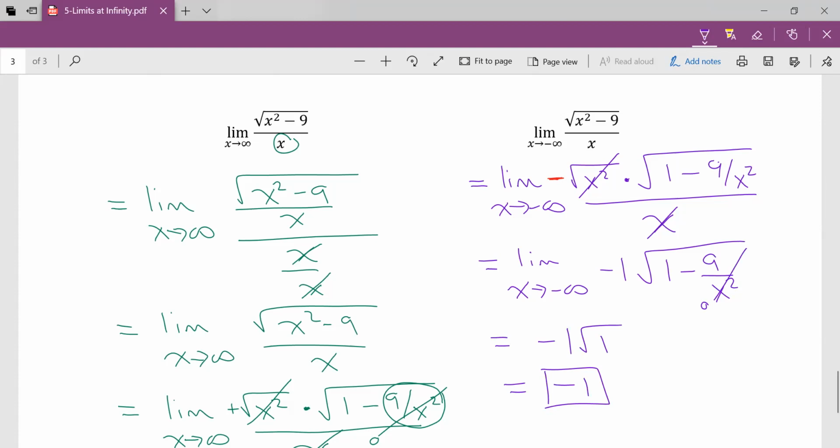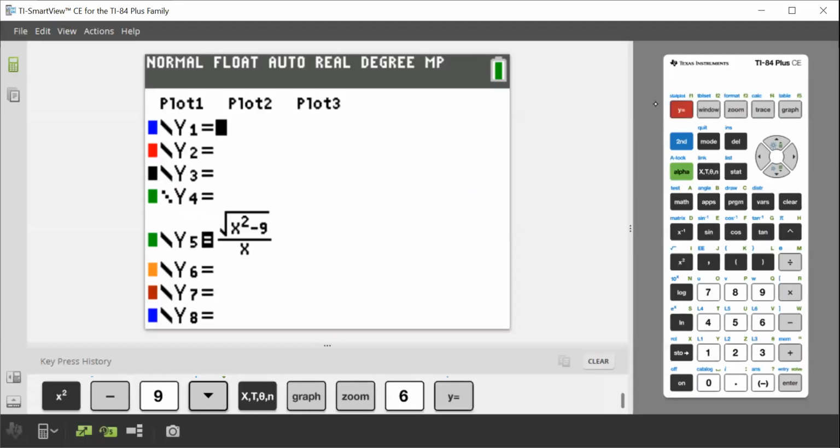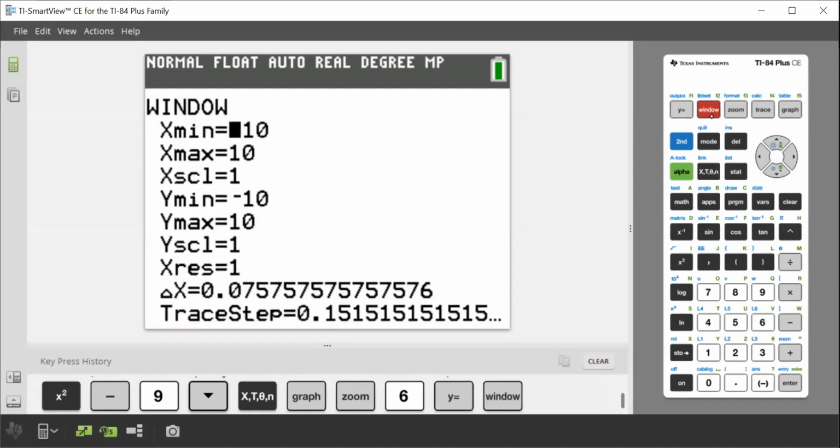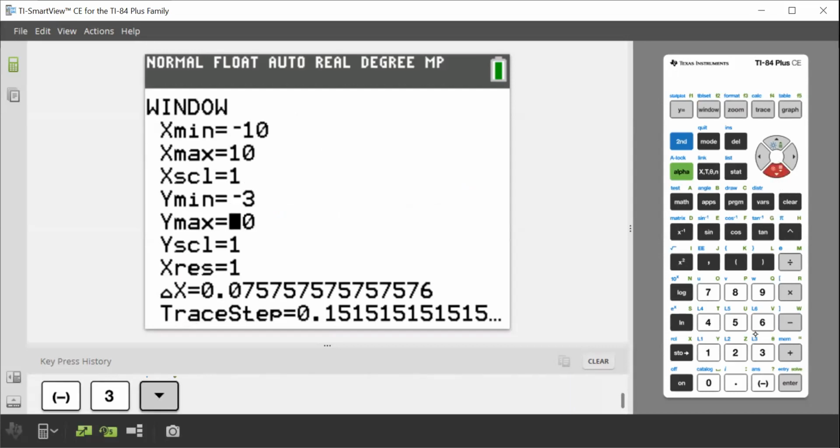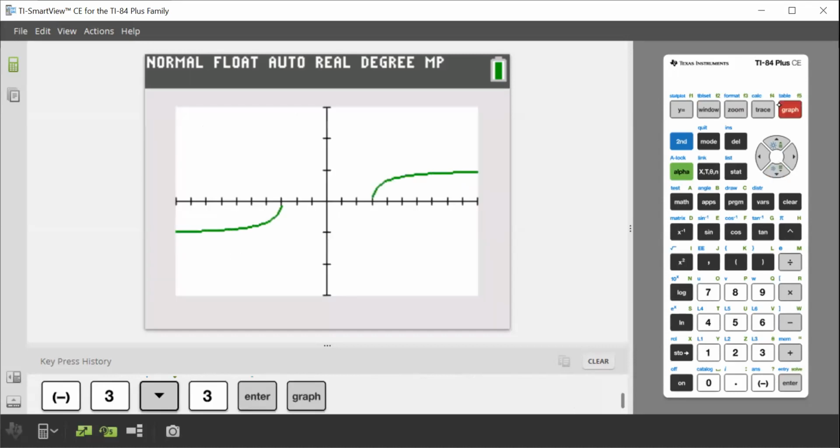Now, what does this look like? One of the things that we could do all along that we haven't been doing is graphing these things. This is the graph of that function, root x squared minus 9 over x. I'm even going to zoom in just a little bit. I'm going to change my window settings to be negative 3 to 3. There is that function.